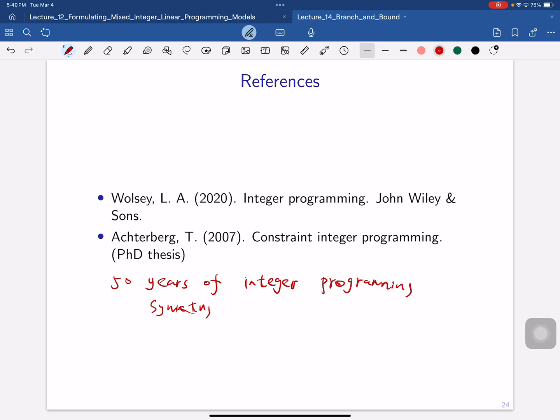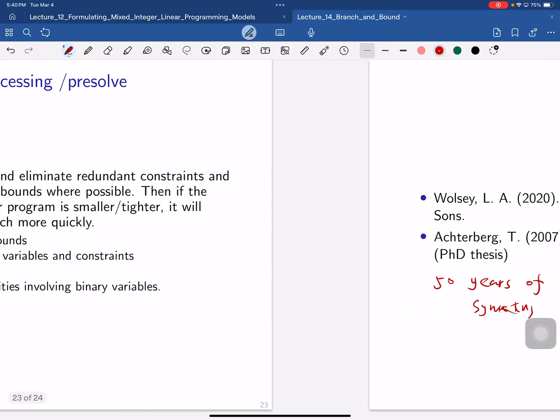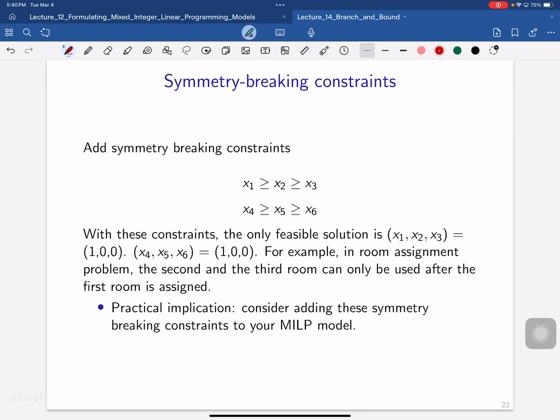I remember when I was taking an integer programming class, they asked each of the students to do a course project, and I did that chapter on symmetry. But if you are curious about symmetry, that chapter is very dense to read. There are a lot of mathematical concepts within that, but I'm just giving you probably 1% of that chapter, which is very intuitive symmetry breaking constraints. If you want to study symmetry in general, there is a lot of theory out there.